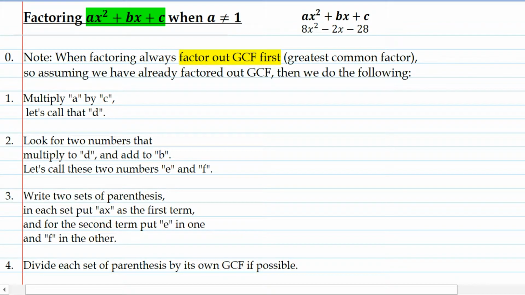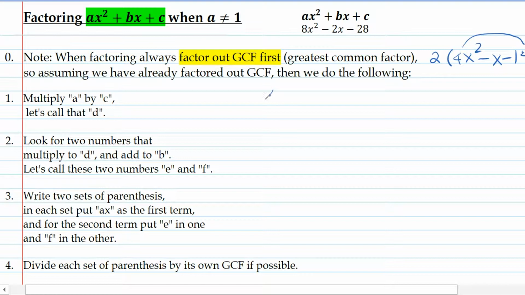Next example, step 0, very important. Is there a GCF? And in this case, there is. There is a number that goes into all 3 of them, and that number is 2. So we're going to factor that out. We're going to divide everything by that. Now we just continue. Now our new A is 4 and our C is negative 14.